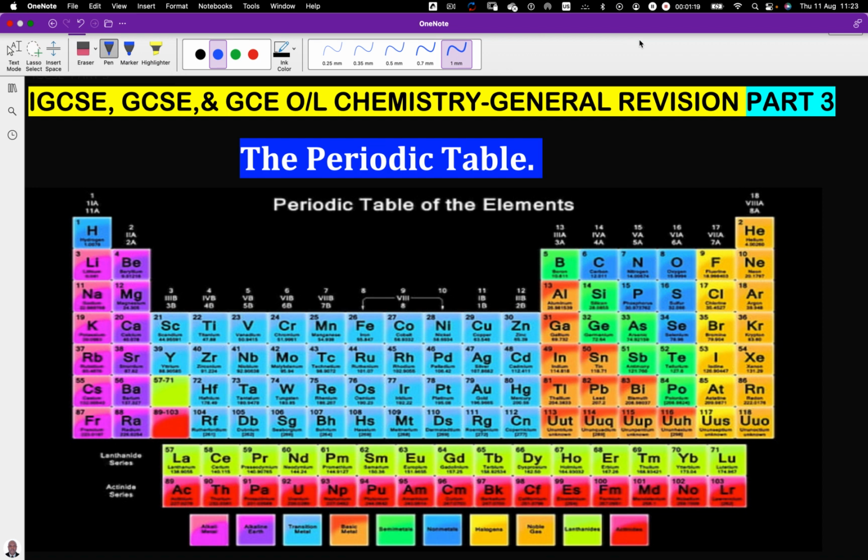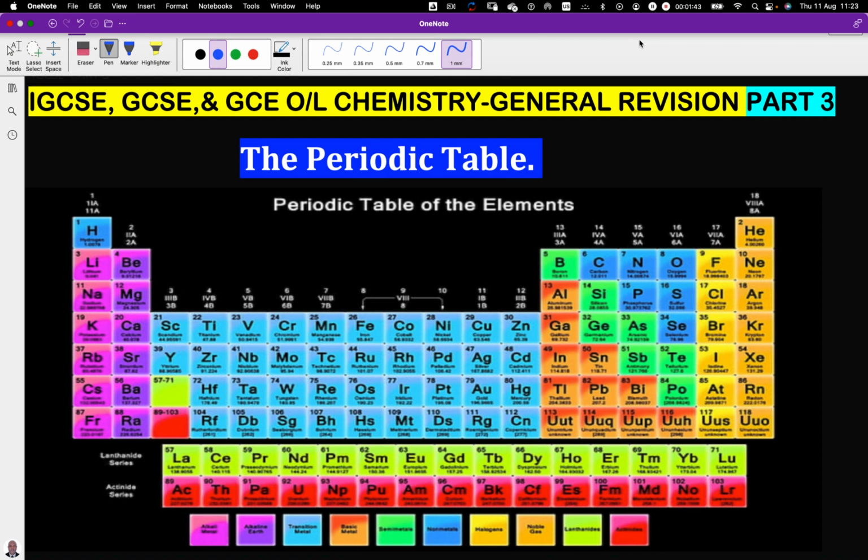We will also discuss the periods, the horizontal rows in the periodic table. We will also discuss in detail the alkali metals, that is the group 1 metals.